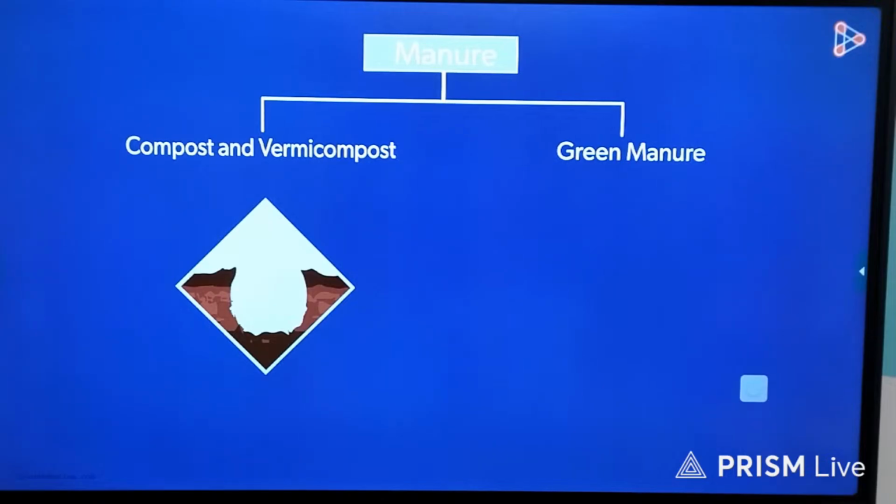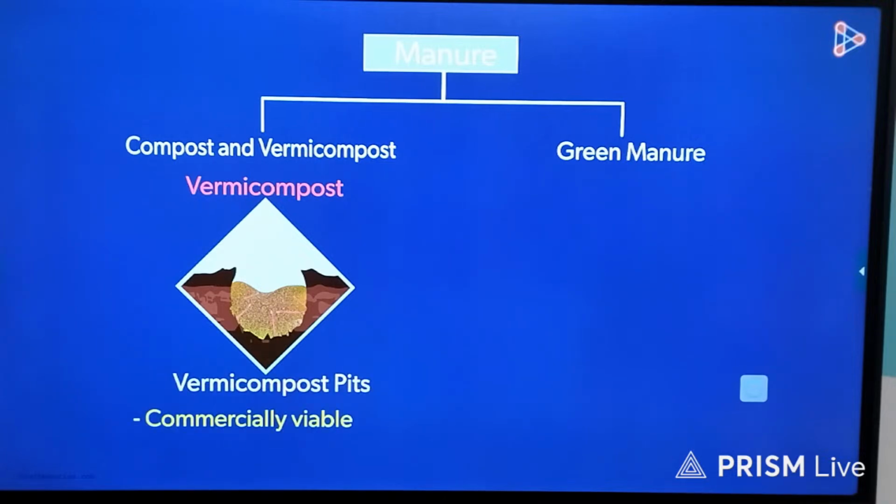In this pit, the farm wastes, animal excreta, dung, and many other decomposable waste materials are thrown. In some days, the material is decomposed by various organisms and rich organic manure is formed. Now, if earthworms are used to hasten this process of decomposition, we call the resultant manure vermicompost. Vermicompost pits are commercially viable and they produce high quality manure.